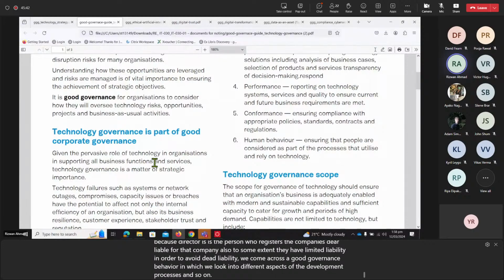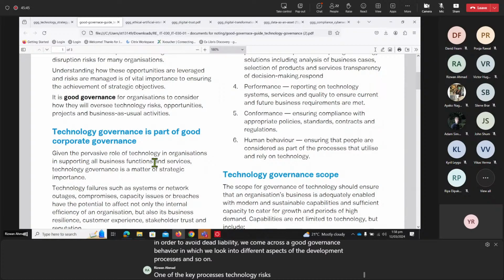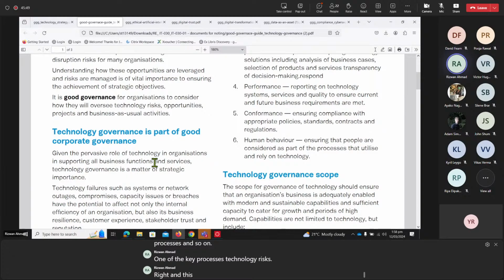One of the key processes is technology risk, and these technology risks are assessed in almost every company of the world. Every company, 99.1% of the companies of the world.